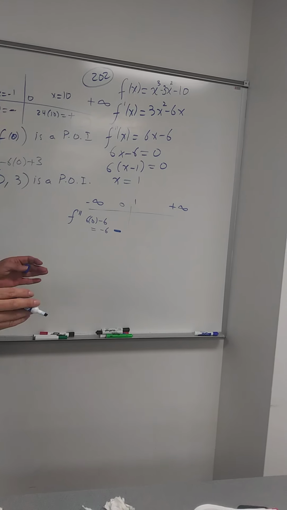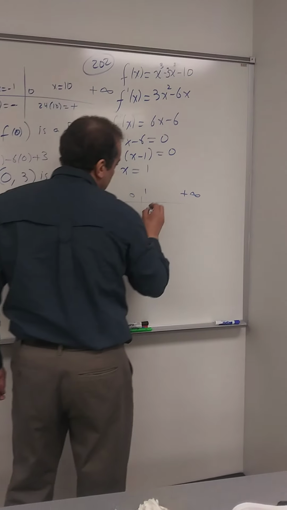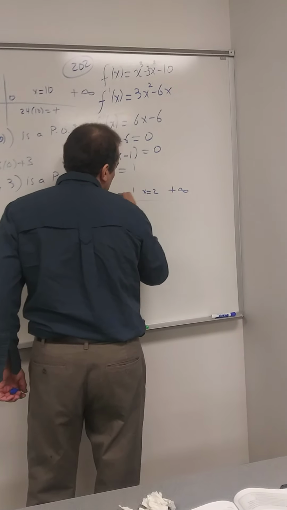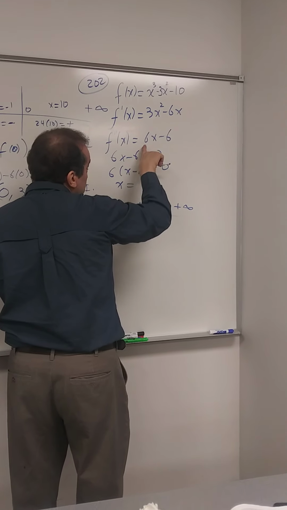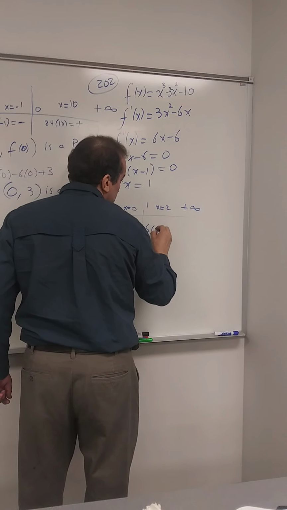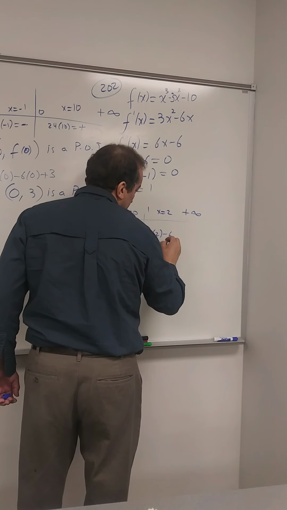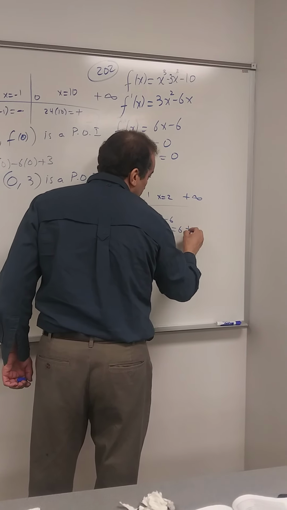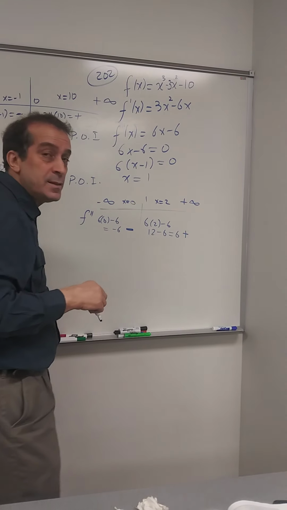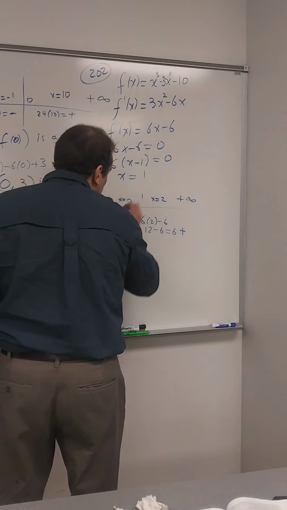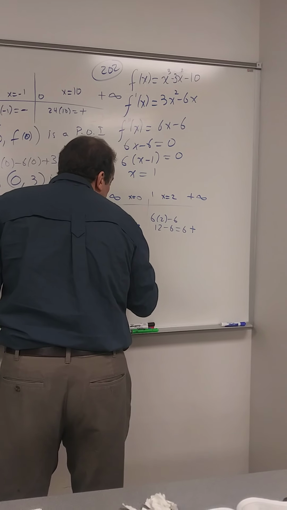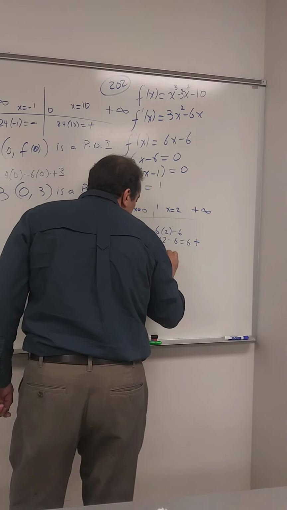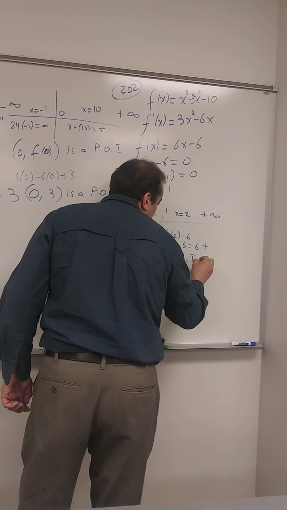This time I'm going to pick x equals 2. So put 2 in the second derivative, 6 times 2 minus 6, which is 12 minus 6, and that's 6, that's positive. So yes, it changed signs. Therefore, this point here, (1, f of 1), is indeed a POI, point of inflection.